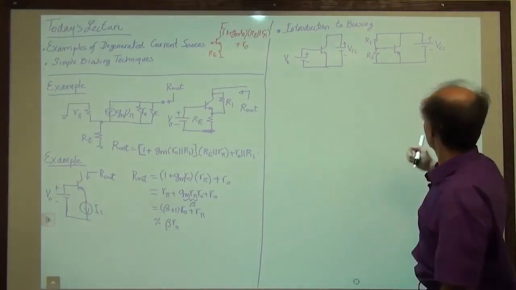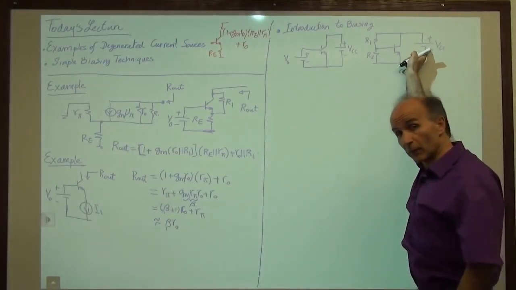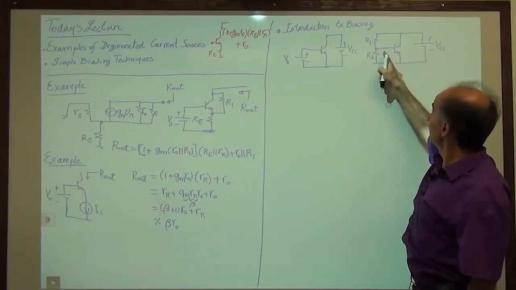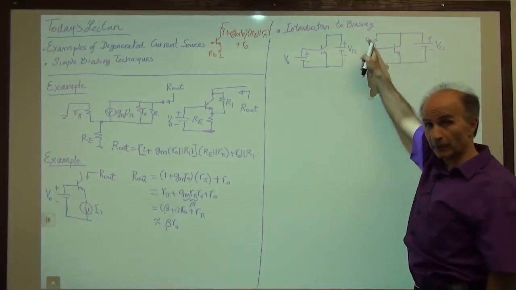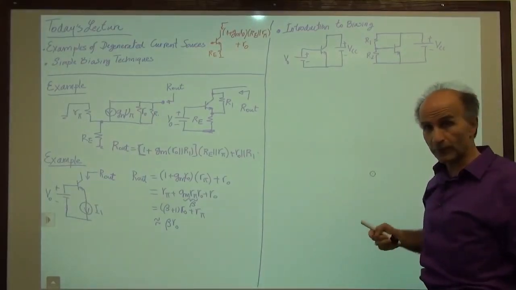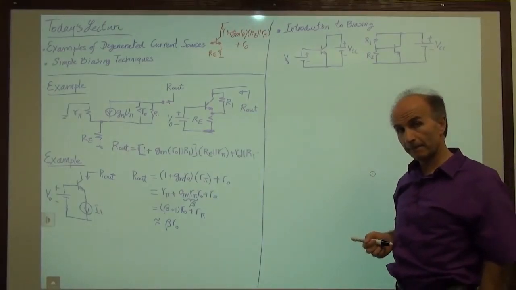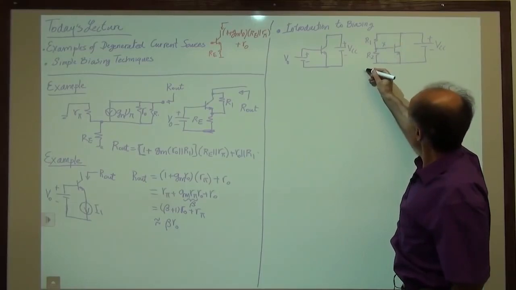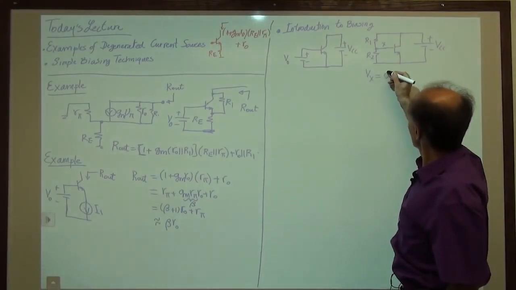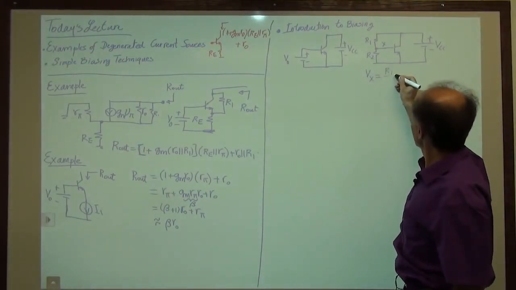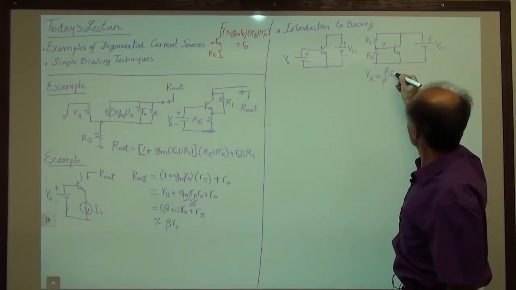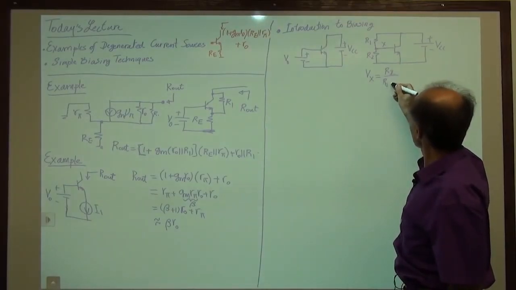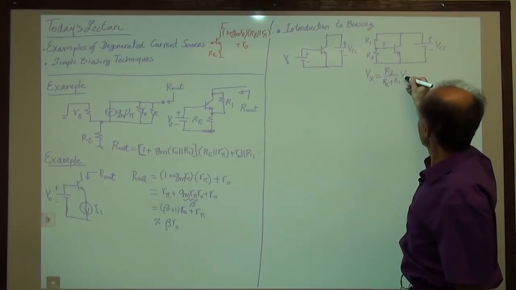So for example, if VCC is 1.5 volts, and I need 0.8 volts, I can pick these two values to give me 0.8 volts from VCC. If I call this node X, I can say that Vx is equal to R2 over R2 plus R1 times VCC.